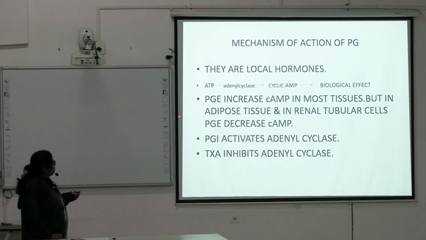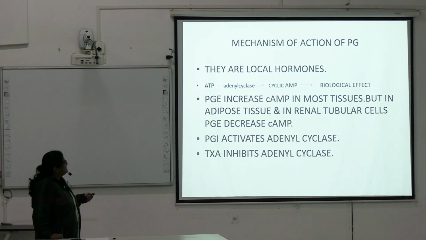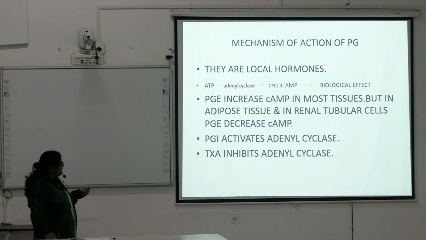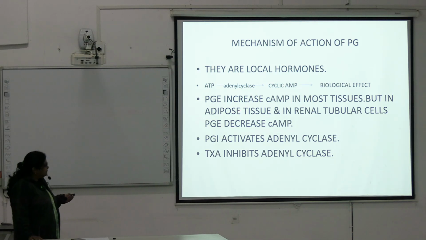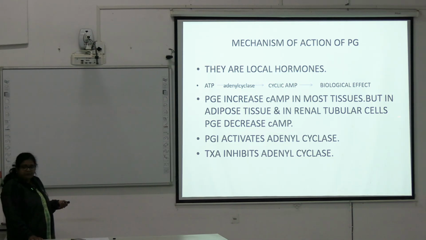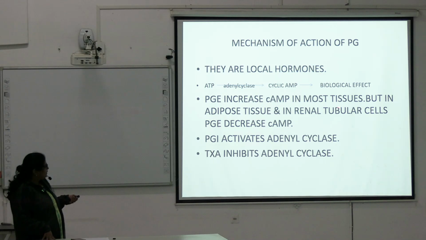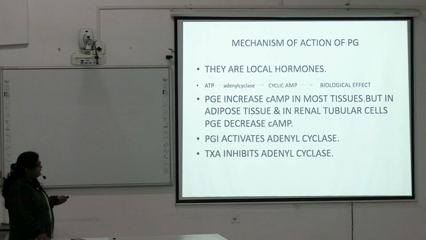Now, PGE increases cyclic AMP in most tissues, so it increases the biological effect, which may be of different types. But in adipose tissue and in renal tubular cells, adipose tissue means fat tissue, and renal tubular cells means cells within the renal tubules of the kidney, there PGE decreases cyclic AMP.